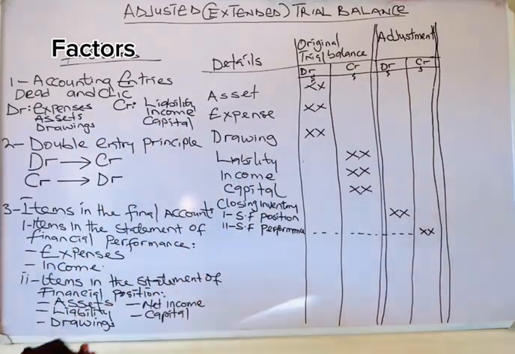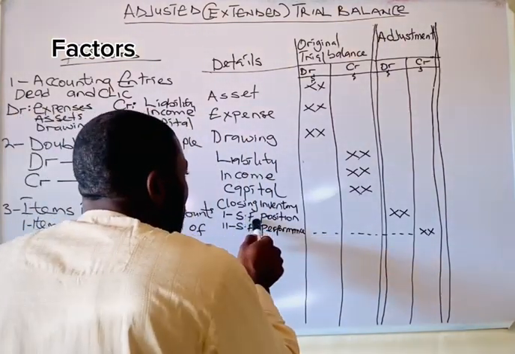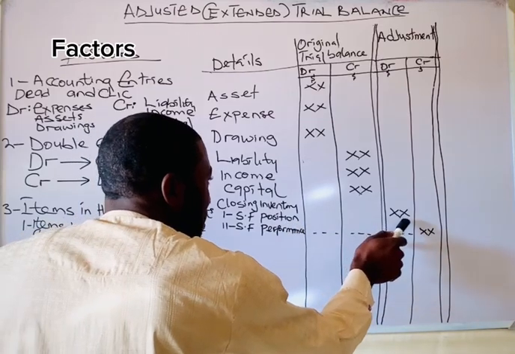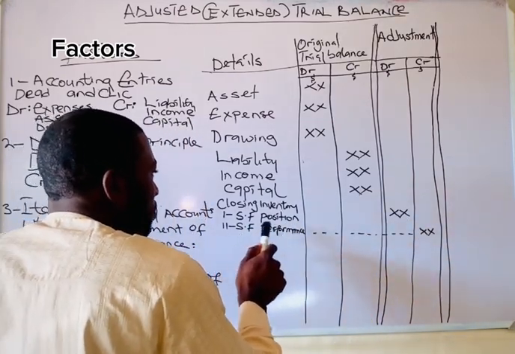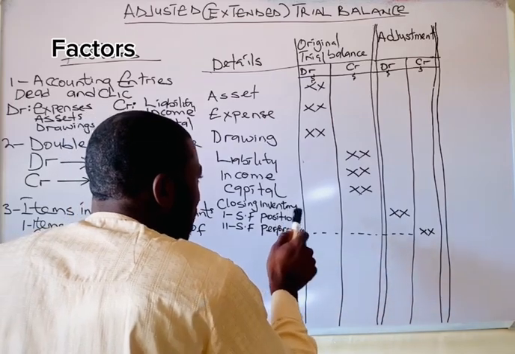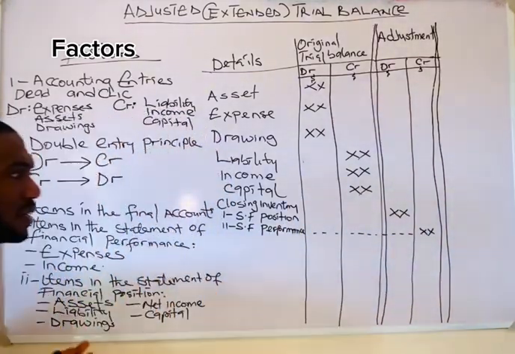So the adjustment here is: statement of financial position is an asset, the closing inventory, and the statement of financial performance will less to our trading account and we credit it. Simple as that.